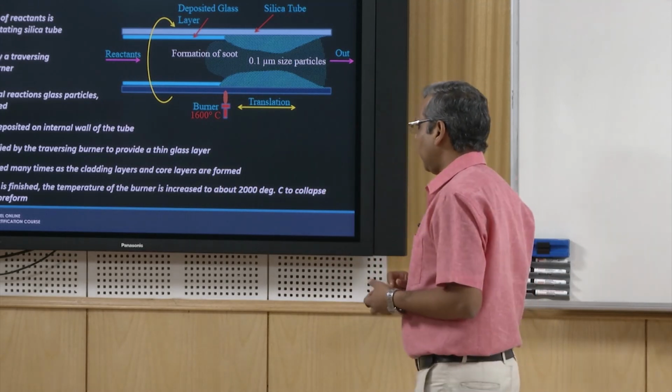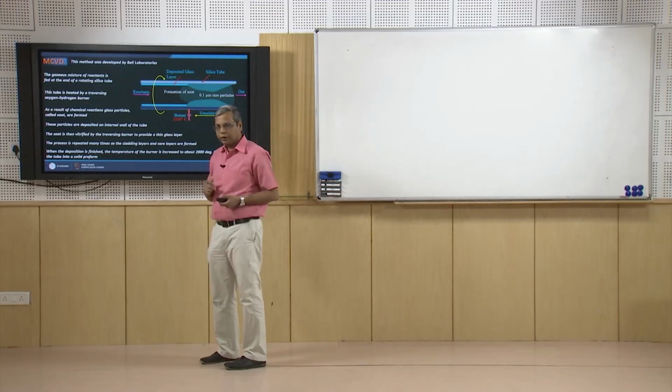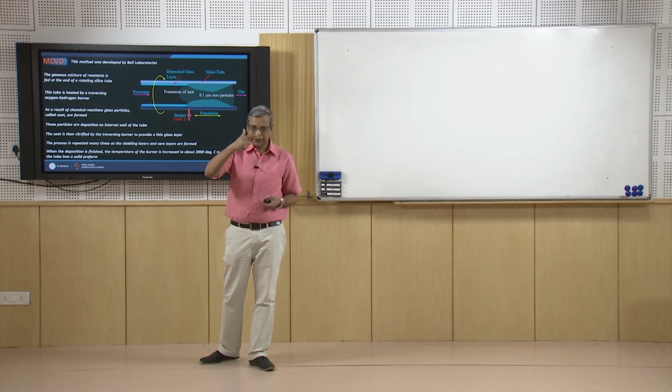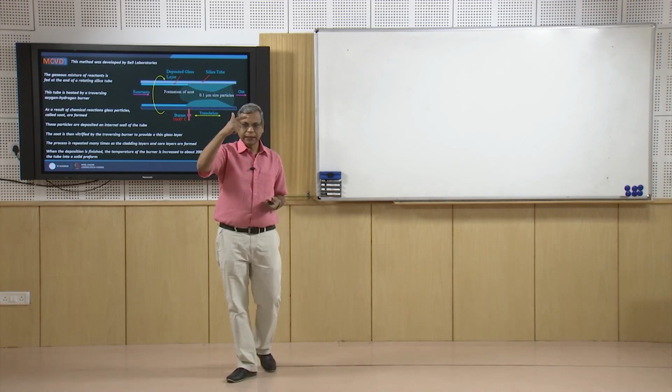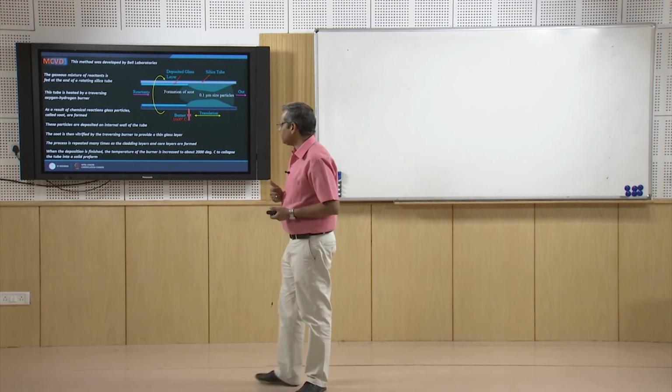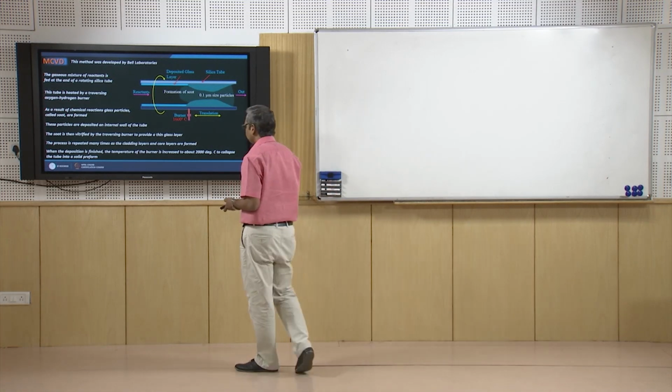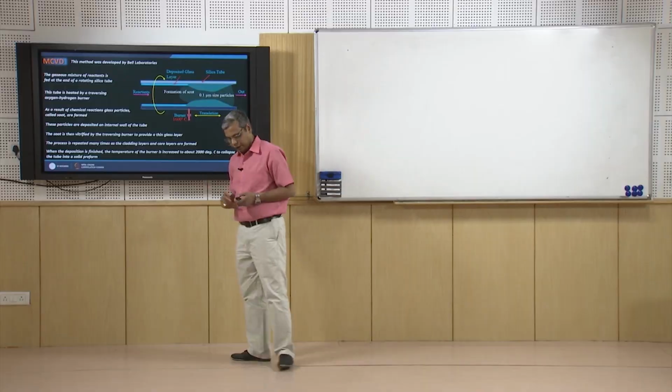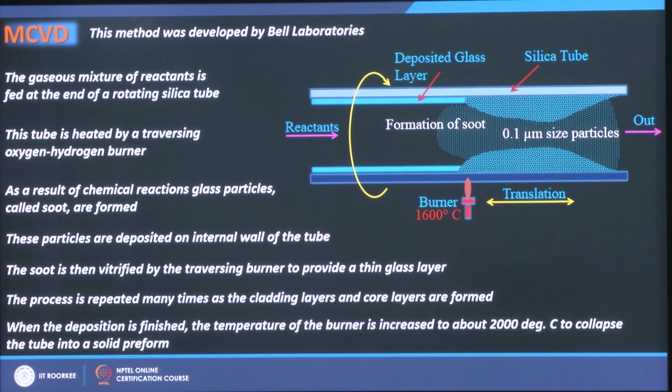This solid rod has the core layers in the center and the cladding layers outside, and this is called the preform. So in this way you can make a preform.